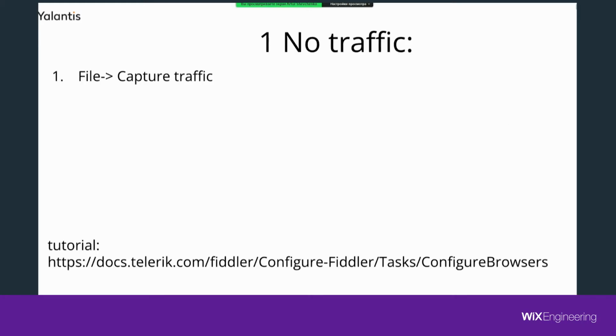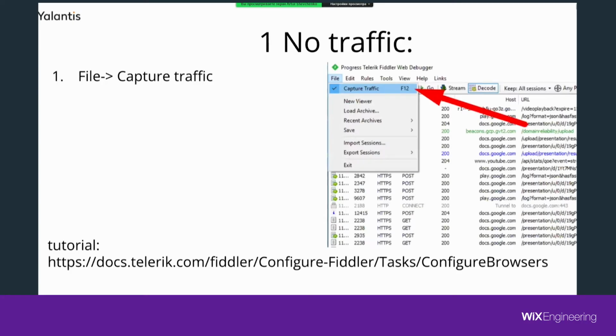So the first one: in case you do not see any traffic at all, many people usually forget to press this button, Capture Traffic, and the solution is pretty simple. You go to File and enable this button.